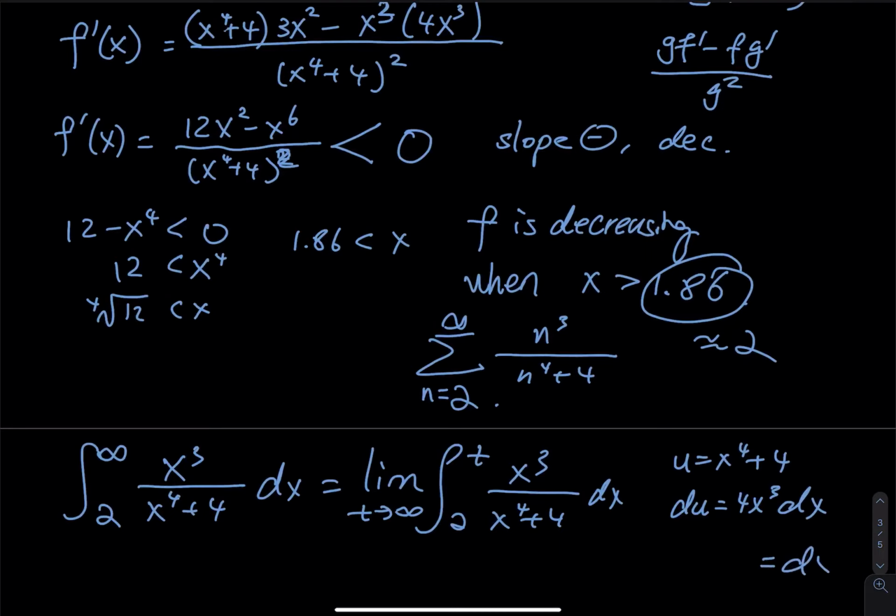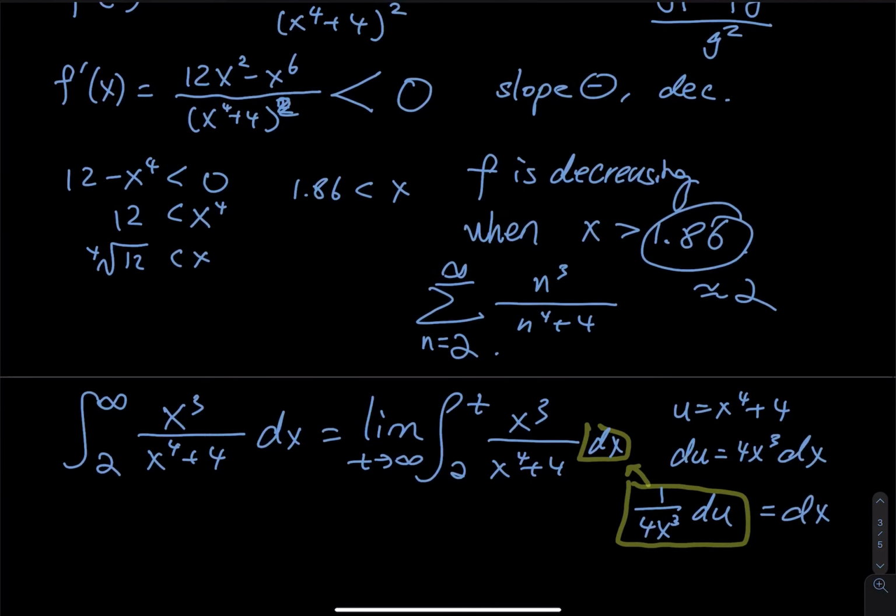We have 1 divided by 4x to the third du, and then here is how we do the substitution. We replace the dx with this. So after the replacement is done, the x to the third will be cancelled, and then we keep on going. We have limit as t goes to infinity.